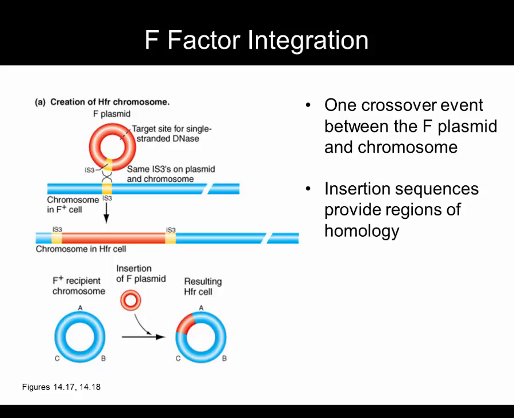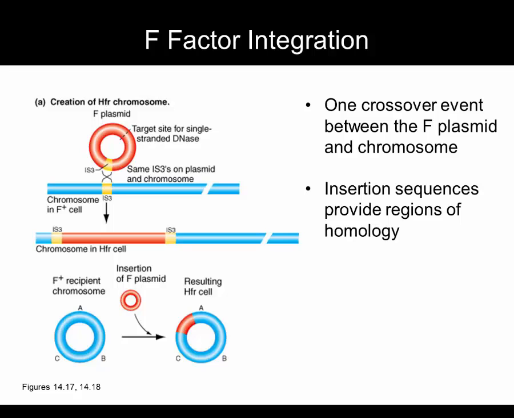We talked before about transposons in eukaryotes that jump around the genome and lead to the existence of homologous sequences on non-homologous chromosomes. Bacteria also have transposable elements like this, the simplest of which are called insertion sequences. So if the same insertion sequence is on the plasmid and the chromosome, crossing over can occur and the F factor will be integrated into the chromosome.